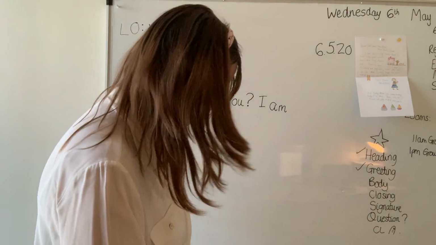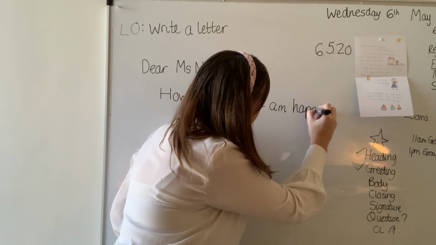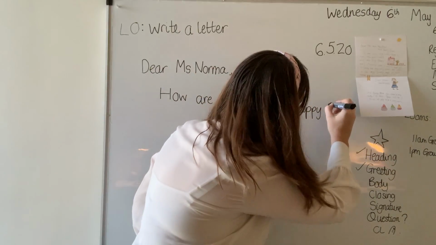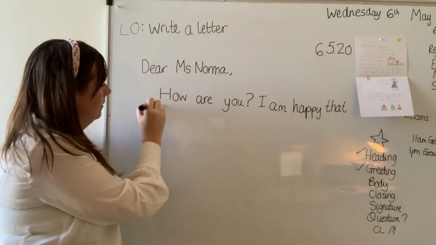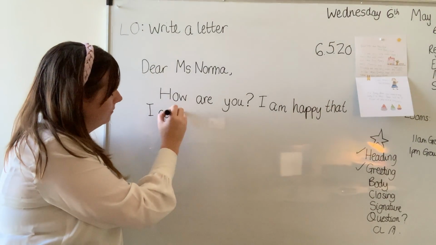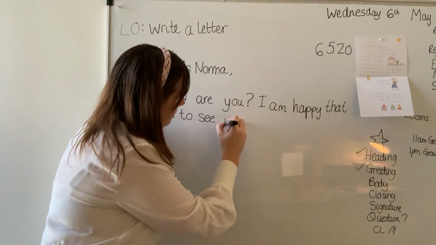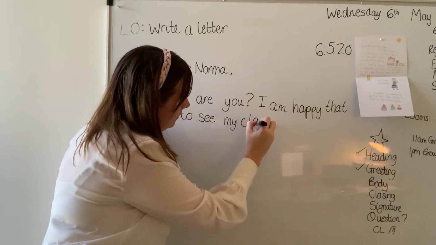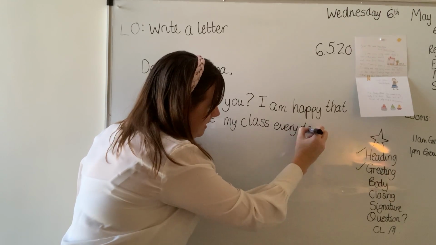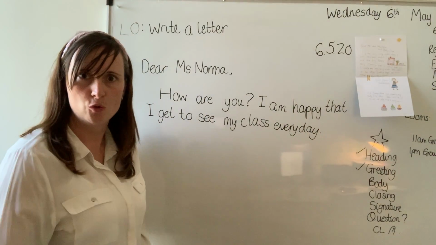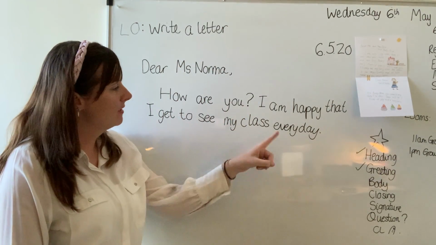I am happy that I get to see my class every day. Because I'm happy I get to see you all every day. So how are you? I am happy that I get to see my class every day.